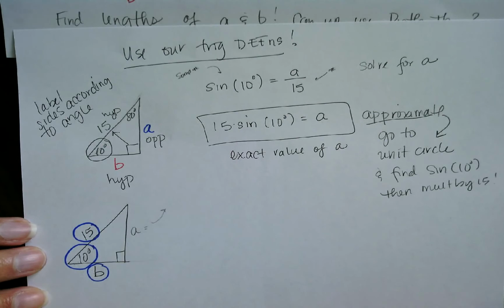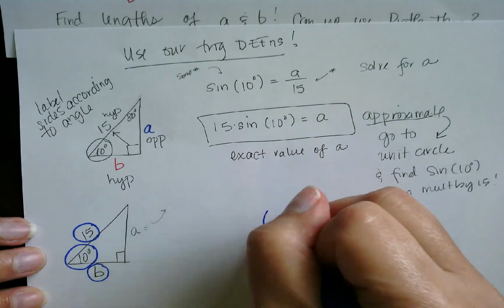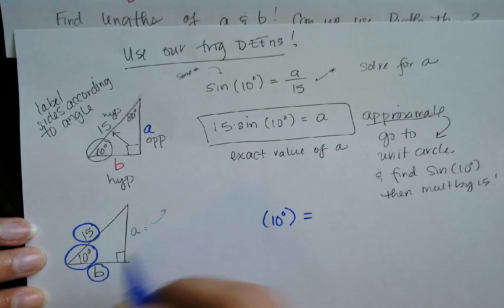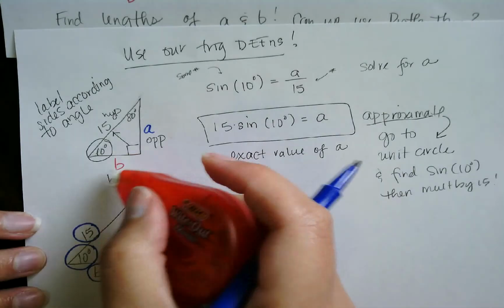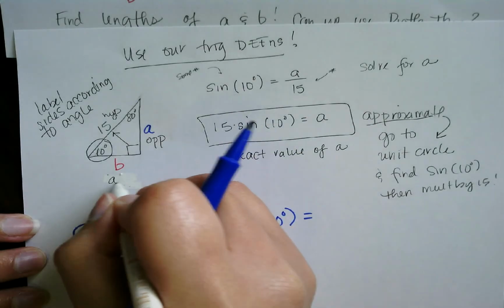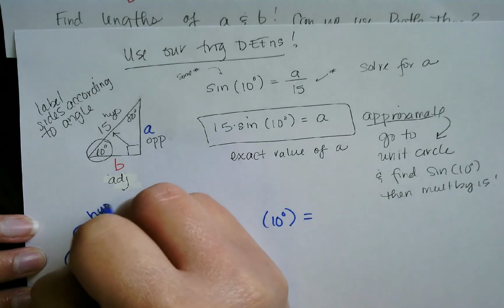Okay? So, if you notice, we need some trig function that when you plug in 10 degrees, you are using the... look at my labeling. How janky is that? Which trig function uses the adjacent over the hypotenuse?